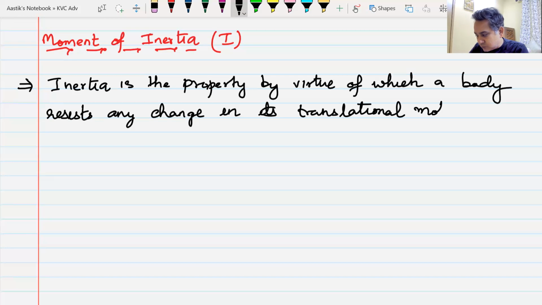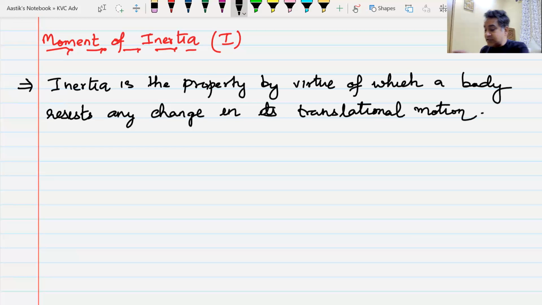So if you have a body and you want to change its translational motion, it will resist any change in its translational motion. That property is known as inertia, my dear friends. Just a recap. Then what is moment of inertia?